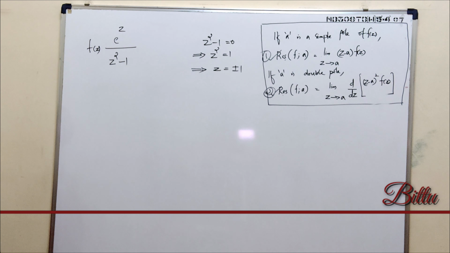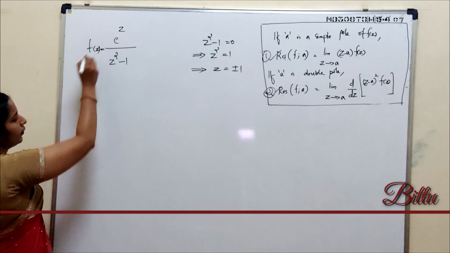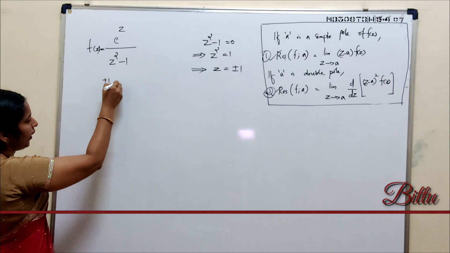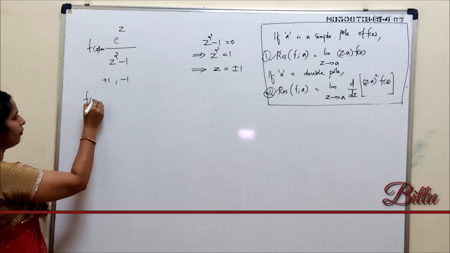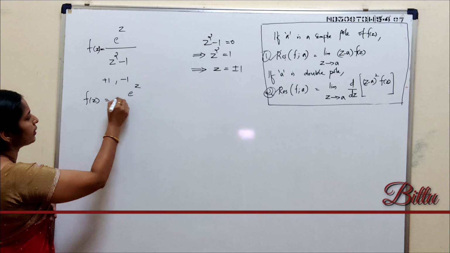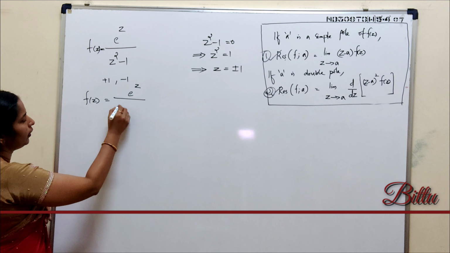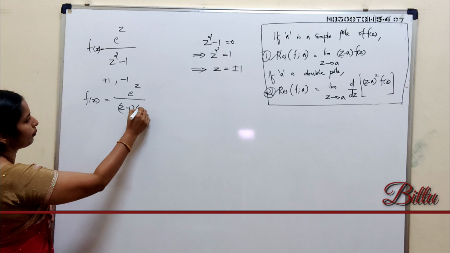So, poles of the given function are plus 1 and minus 1. Since it is second degree, we have two solutions. Clearly both are simple poles. So the factorization of f z is e raised to z by z minus 1 into z plus 1.